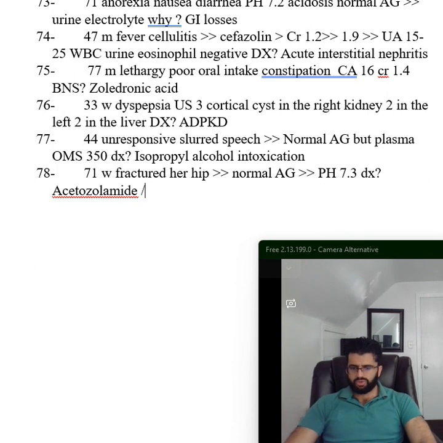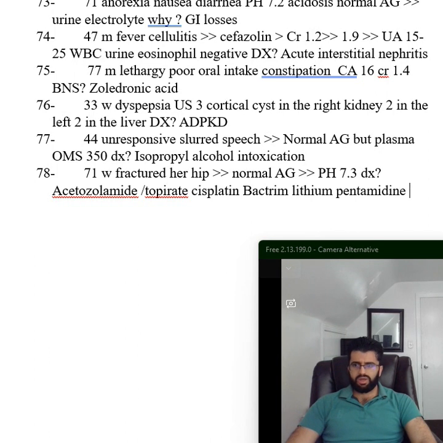Other drugs like topiramate can cause that. Cisplatin can cause that. Ifosfamide, aminoglycosides, Bactrim can cause that. Amphotericin B, lithium can cause that as well. They can add that. Pentamidine, rifampin, inhaled toluene.